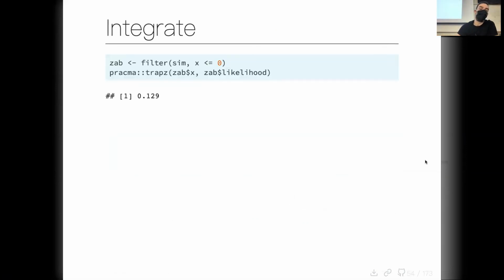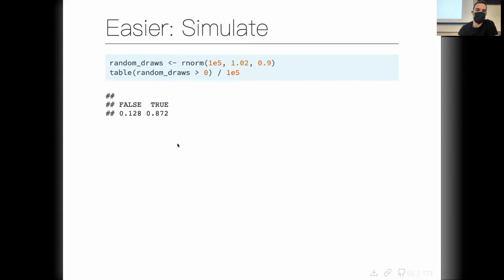We can do that through integration. This is a package that does some XY integration. I'm just limiting my data to those cases where it's less than or equal to 0, and then summing the likelihood, basically, is all that's happening there. And I get 0.129, so about a 13% chance.